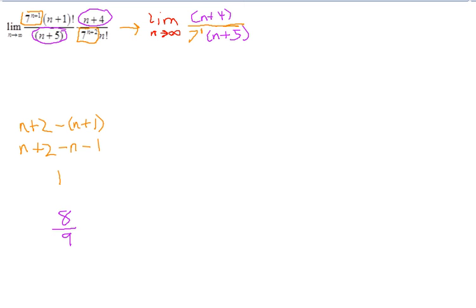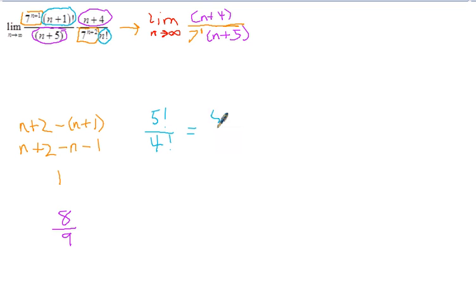And now let's focus on the factorial parts and see if those reduce at all. So we've got n plus 1 factorial and n factorial. So again, n plus 1 is 1 more than n. So let's look at a specific number so it's easier to see. So let's say n was 4. So let's say we had 5 factorial divided by 4 factorial.